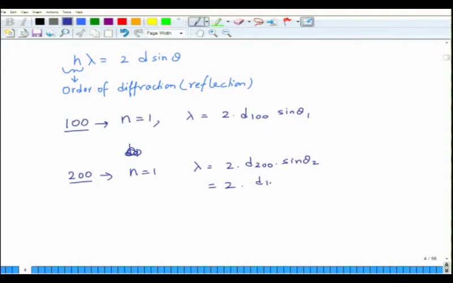It is nothing but d 1 0 0 divided by 2, because d 1 0 0 is a divided by square root of 1 plus 0 plus 0, and d 2 0 0 is a divided by square root of 4 plus 0 plus 0. Okay.